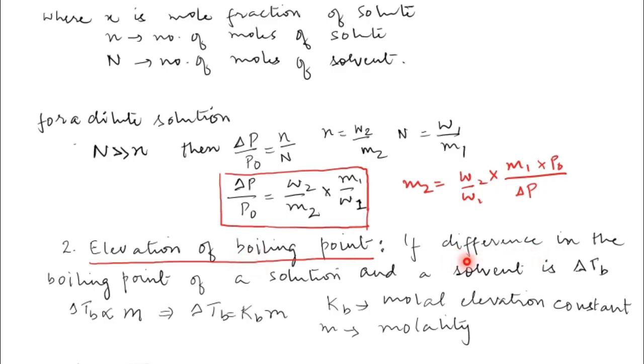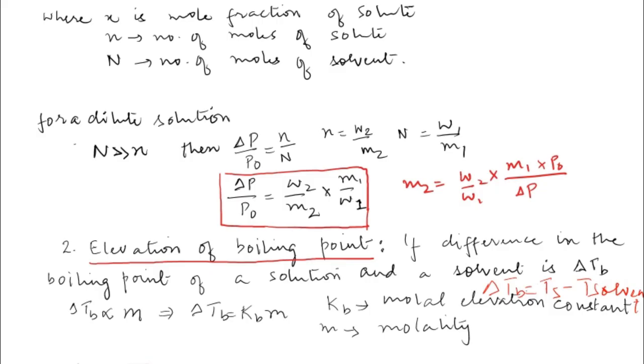If the difference in the boiling point of a solution, because it has increased, and a solvent is ΔTb, then ΔTb equals T solution minus T solvent, the boiling point of solution minus the boiling point of solvent, and this is directly proportional to the molality of the solution.